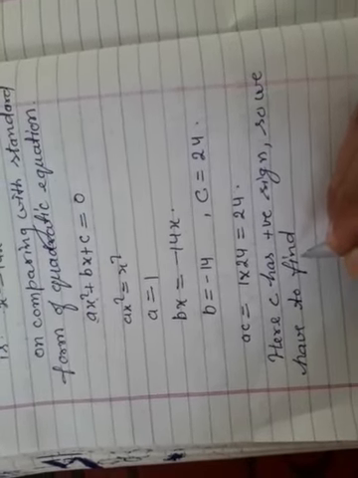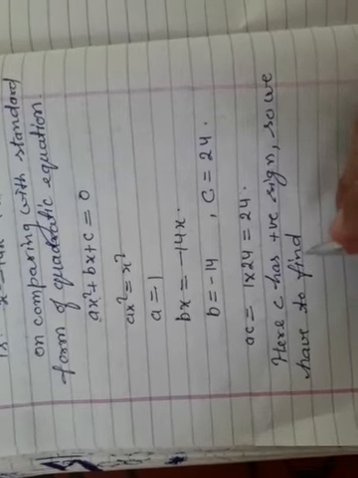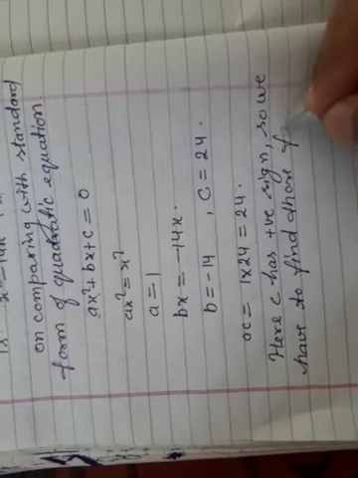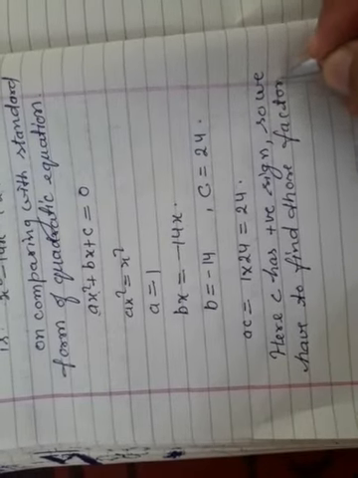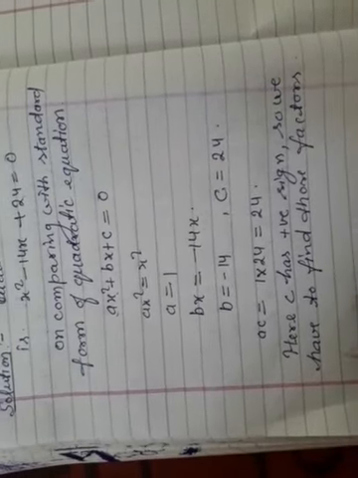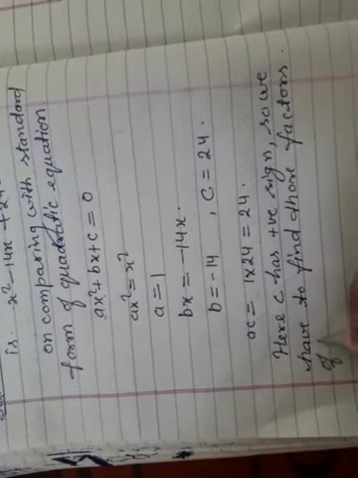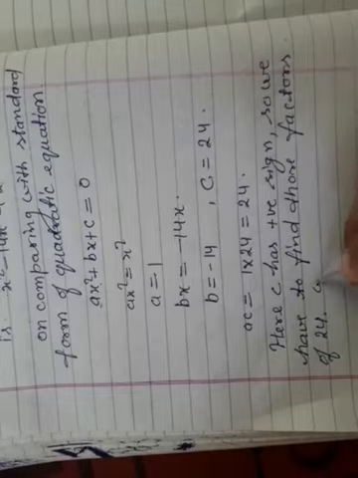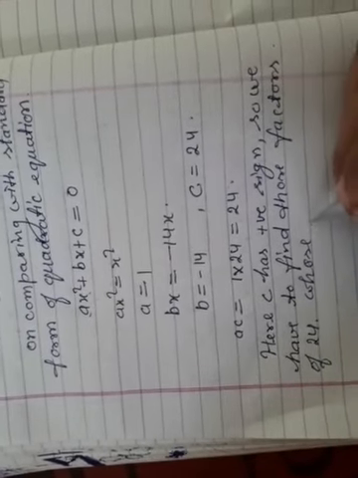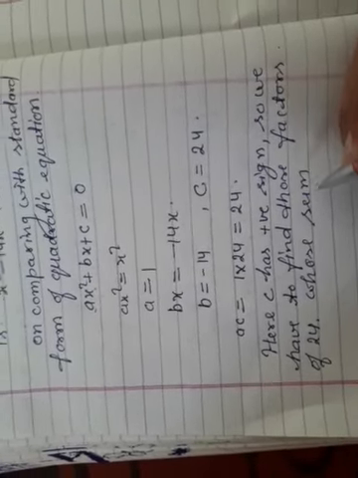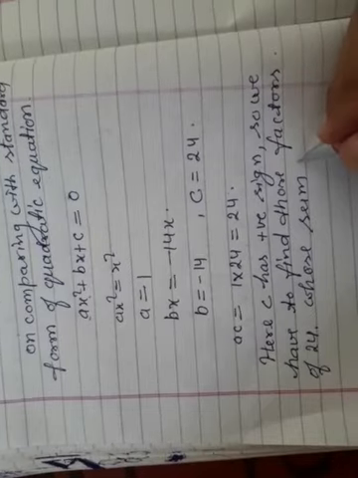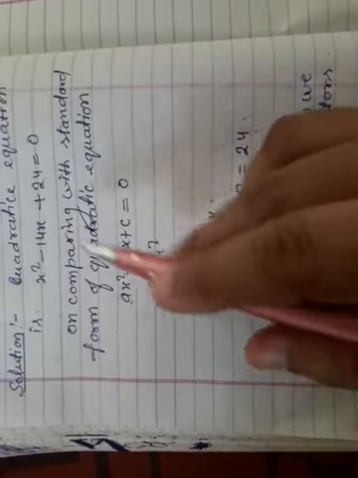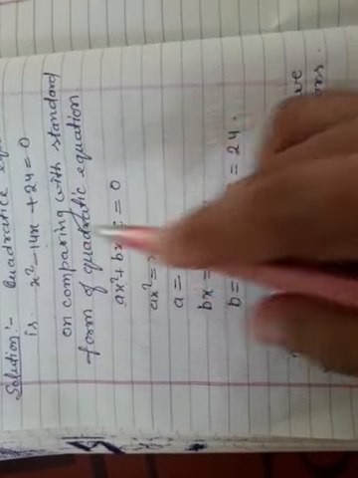So we have to find those factors of 24 whose sum is 14. Clear?